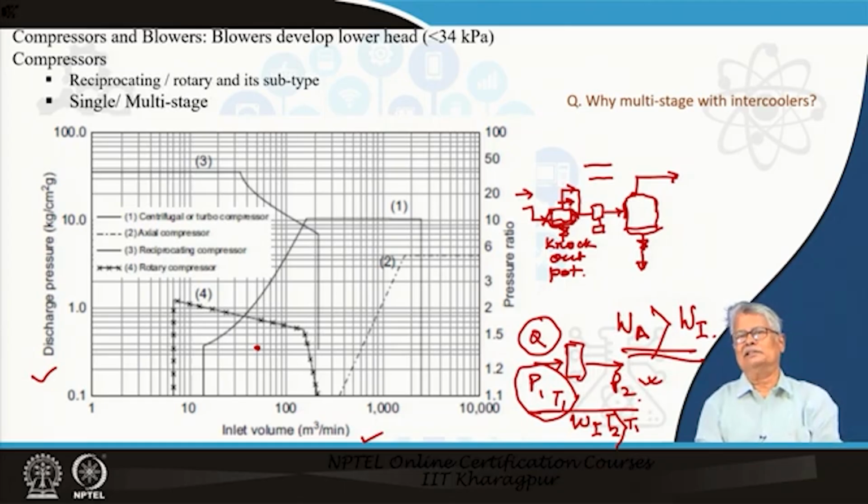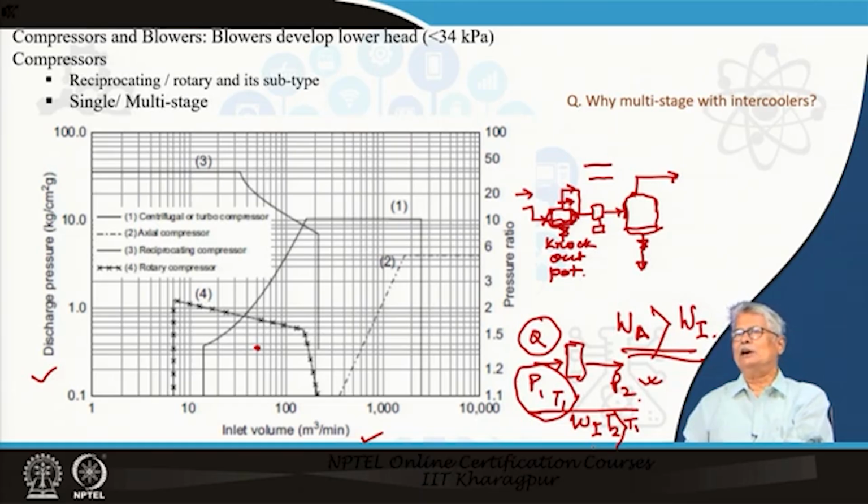Now, my point is the increase in temperature creates two types of difficulties. If I have multi-stage compression, the increase in temperature is definitely going to increase the suction volume to the next stage. So, I will have the requirement for a bigger cylinder, lower than the first one of course, in the second stage.